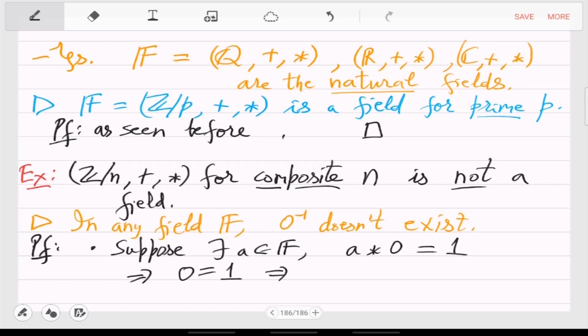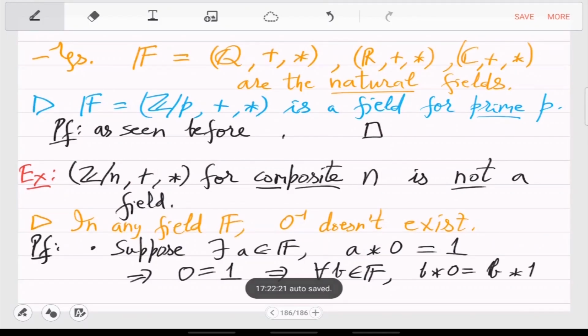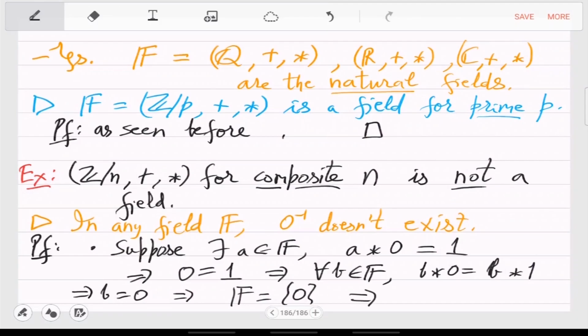Whatever element you take in the field, b times 0 is b times 1, which means that b is 0, so the field can only be a singleton, that is 0, which is not a field. Is that clear? Yes.